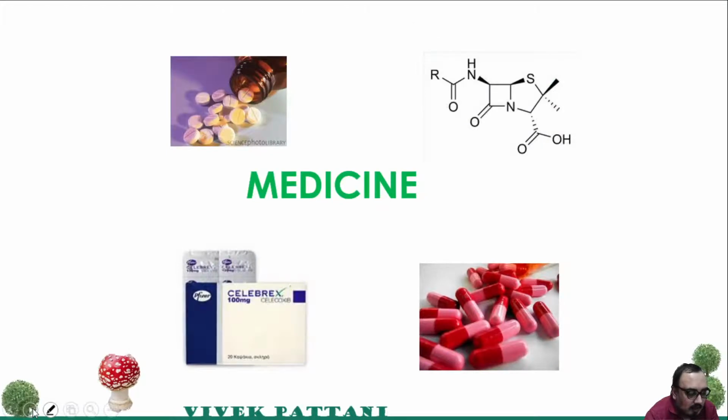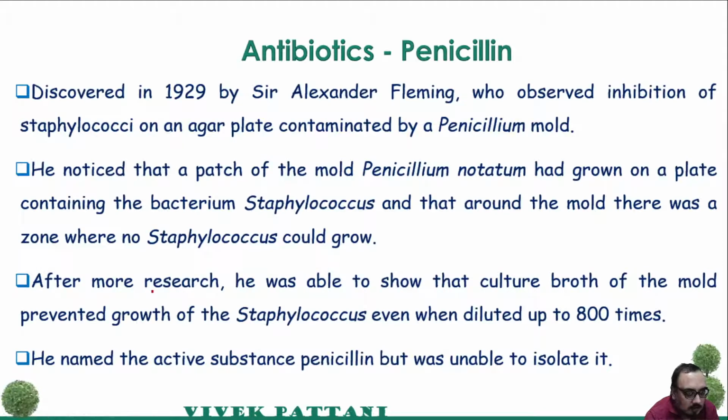Now in the case of medicines, most of the antibiotics are produced by actinomycetes or fungi. The first antibiotic, penicillin, was identified in the Penicillium mold, and the first one who discovered it was Sir Alexander Fleming in 1929. He observed the inhibition of staphylococci on an agar plate contaminated with the Penicillium mold.